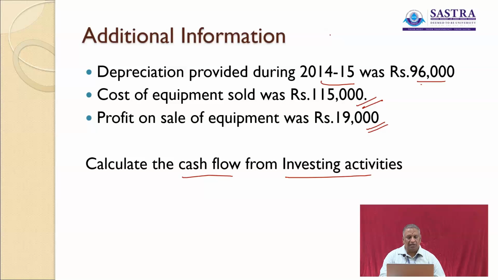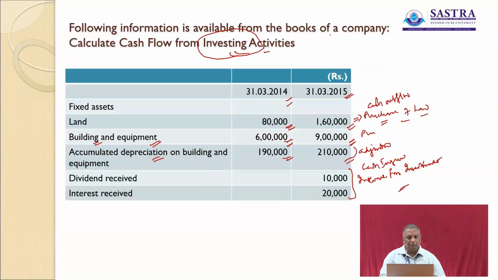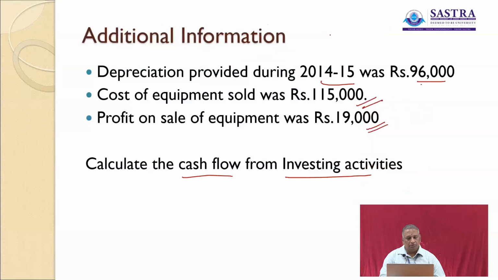So first of all, we should start with the treatment with regard to building and equipment. So we know now that some sort of sale also has happened. Some part of equipment has been sold, and the cost of equipment sold is given, but no information with regard to purchase.